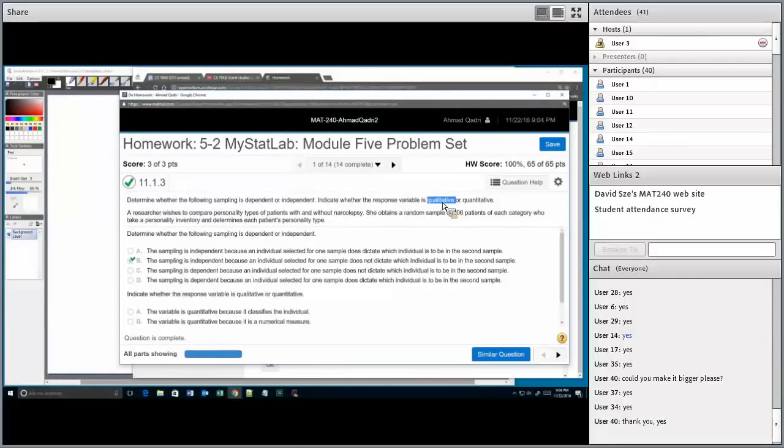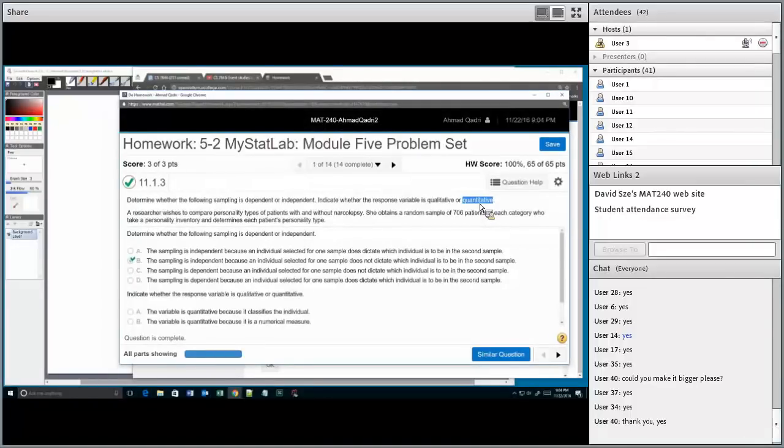We'll discuss the example given in this problem as being qualitative or quantitative. But qualitative, essentially, you're classifying a unit or an individual. A quantitative variable is a variable that is numerical in nature, like a number.